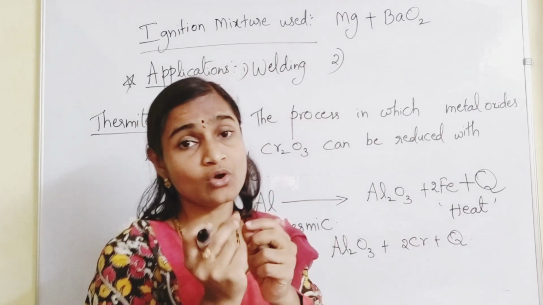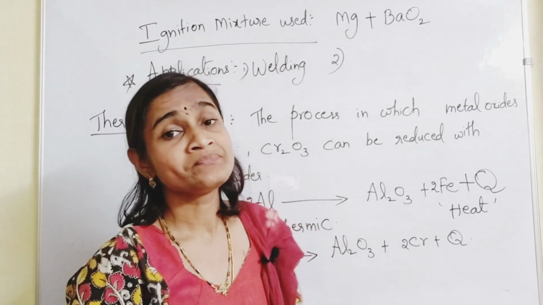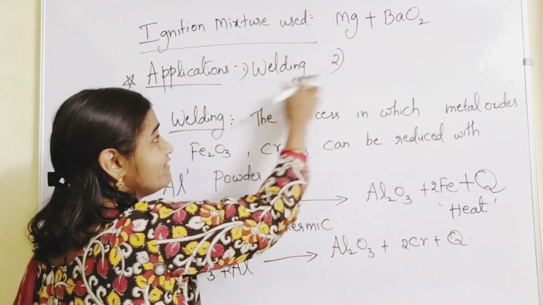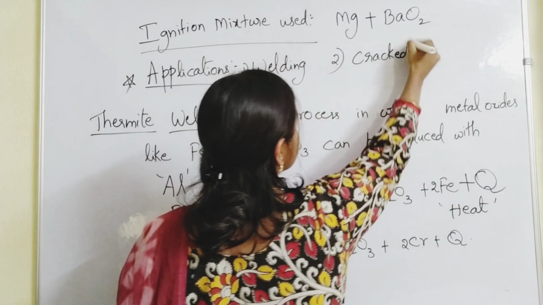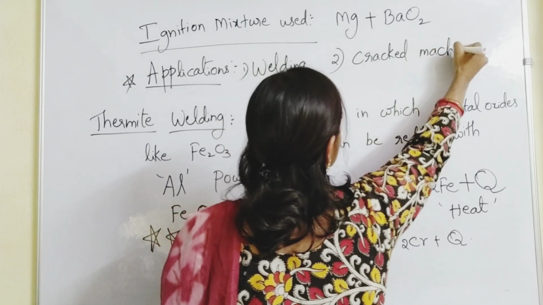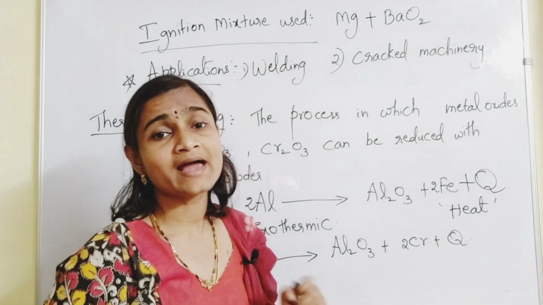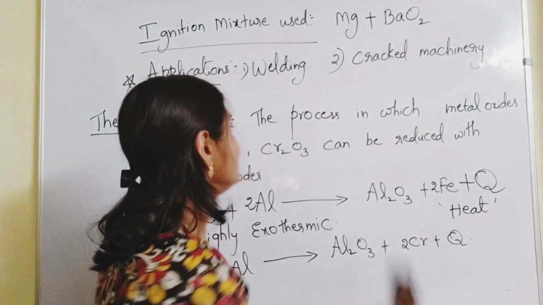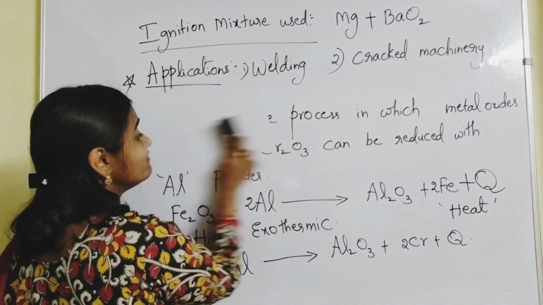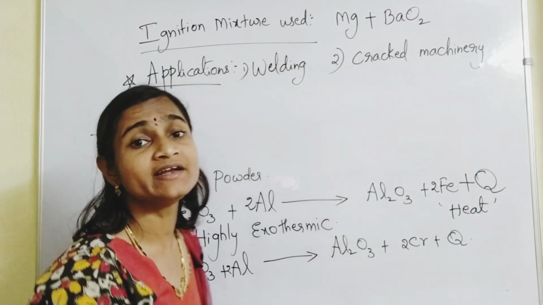Welding means to join such broken parts or machine parts. To join cracked machinery you can use this process, and also to join railway tracks.